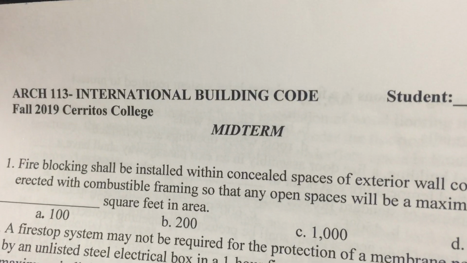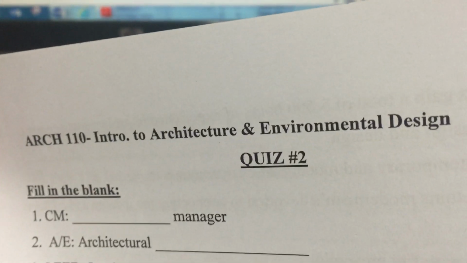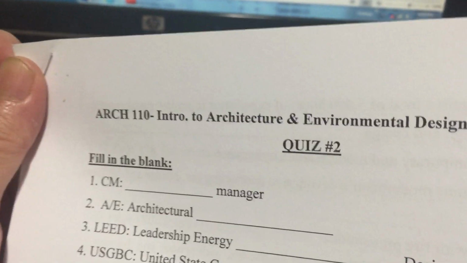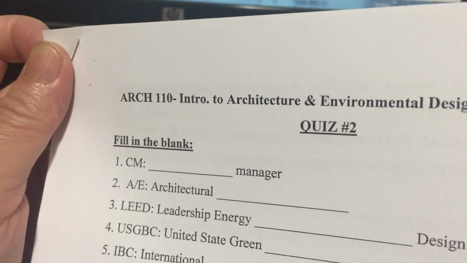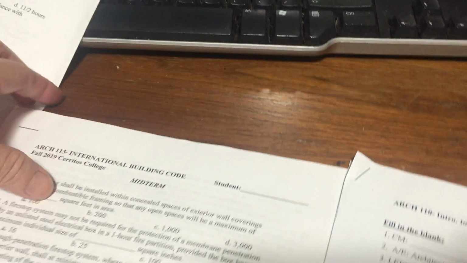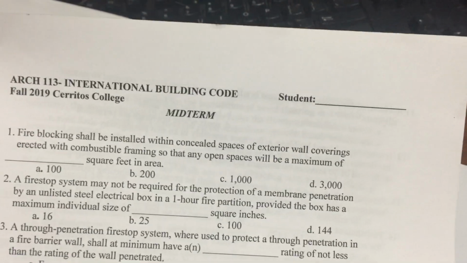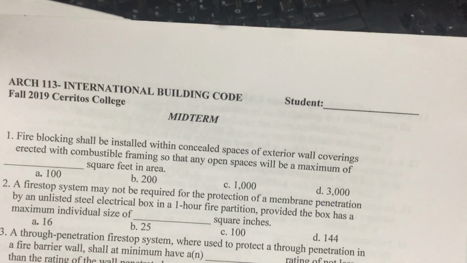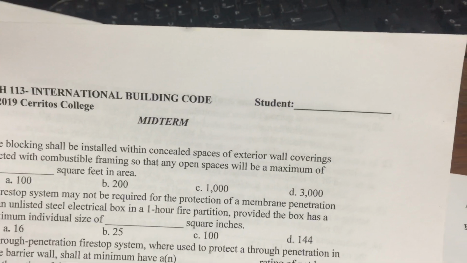The first one is International Building Code, and the second one is Introduction to Architecture and Environmental Design. Both of them belong to the architecture major. However, if a student is in a different major, they can take one of the 2 classes to transfer to a 4-year university, or they can go ahead with an AA degree in architecture, or for another major they want to transfer to, and this one counts as one of the electives.